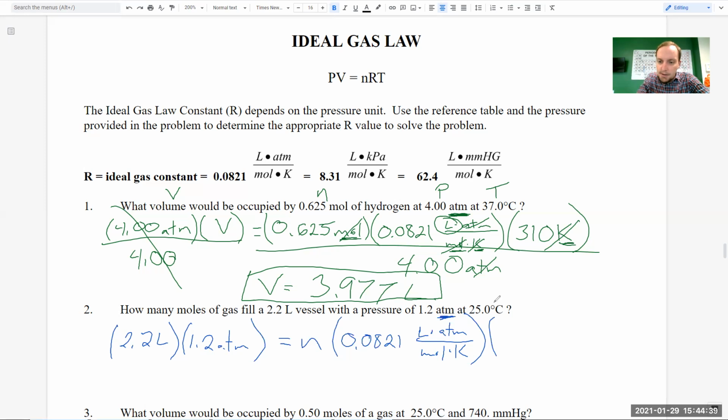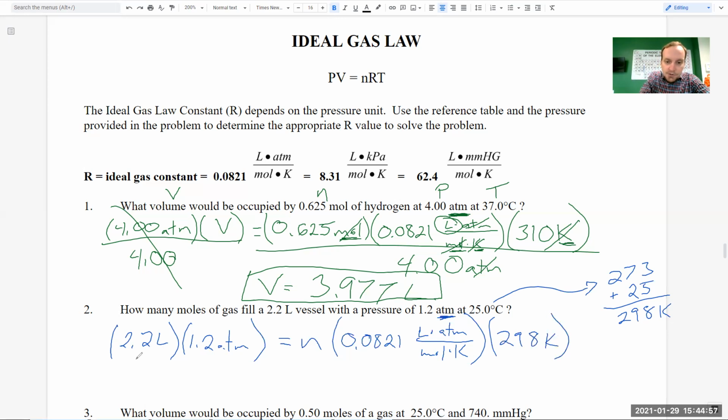So to change my temperature, I'm going to add 273 to my 25. Again, doing this in my head, which always scares me because I'm doing this live and I'm probably going to make a mistake and make a fool of myself. Nope, I think I'm pretty confident on that one. 298 Kelvin.